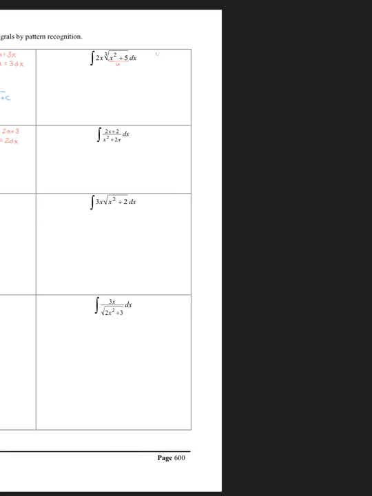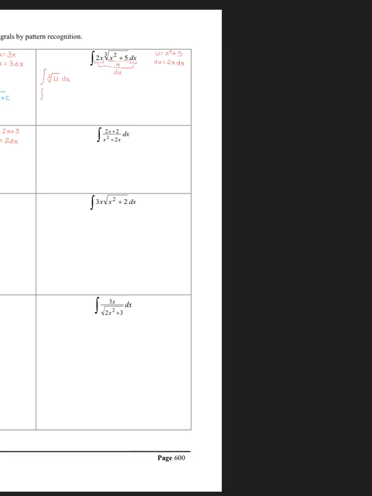That will be your u. So you take the derivative, you get 2x dx, which you do see in the integral. So this right here is your du. So then you just rewrite as the cube root of u du.